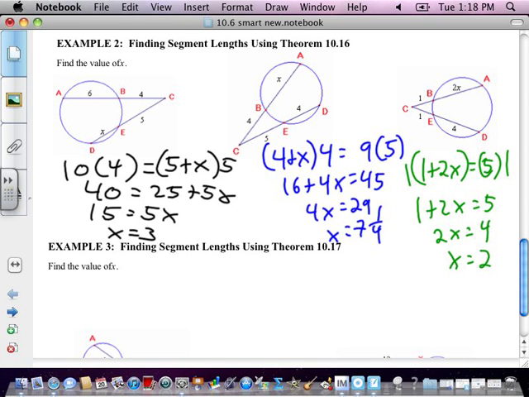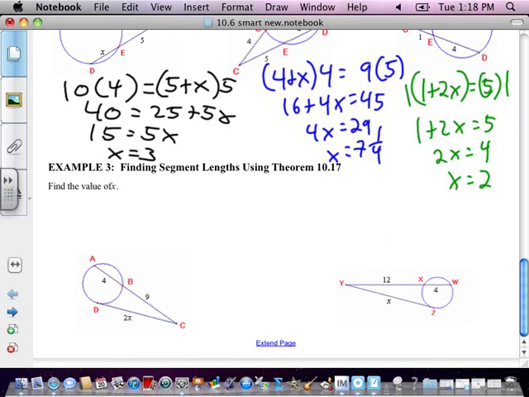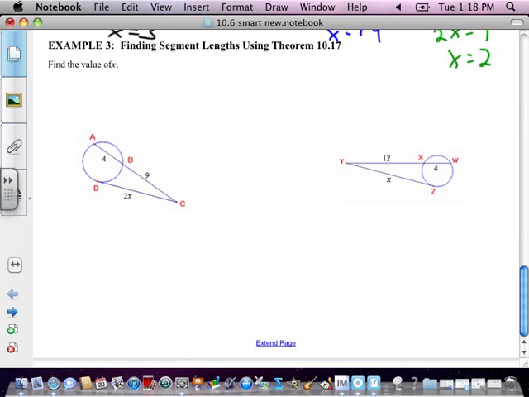Okay, let's do a secant and a tangent. So we've got to do the whole thing, which is 13, times the outside part. I'm just doing B. There is no A. Equals 2x squared.